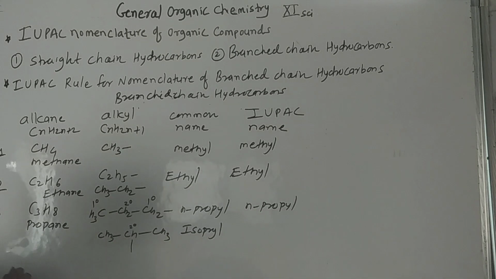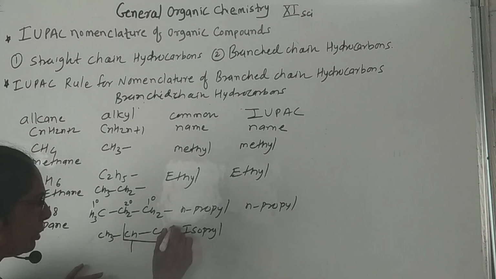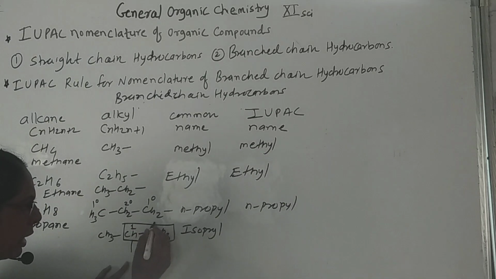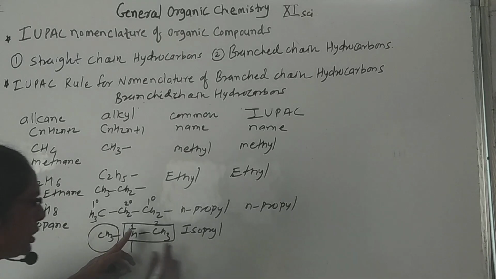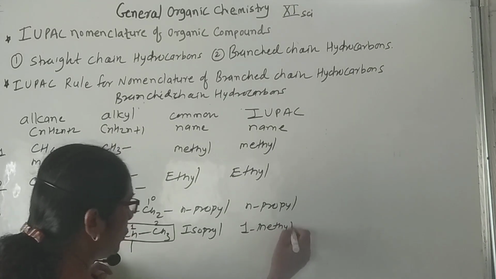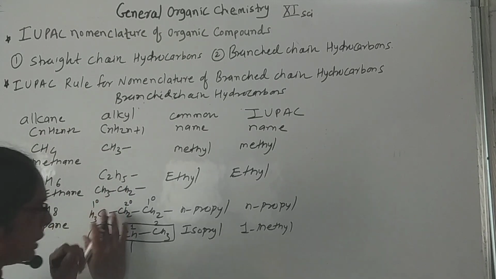Okay. So how do you write the IUPAC name of this isopropyl? In writing the IUPAC name, we have to give the numbering from the carbon where the branching is. So branching is started from this. I give the carbon number 1 and carbon number 2. This group is a methyl, so its name is 1-methyl, and the 2-carbon group is CH3CH2, that is the ethyl.